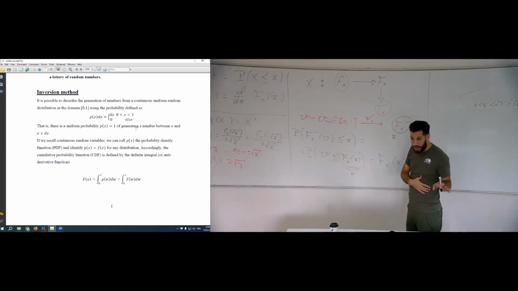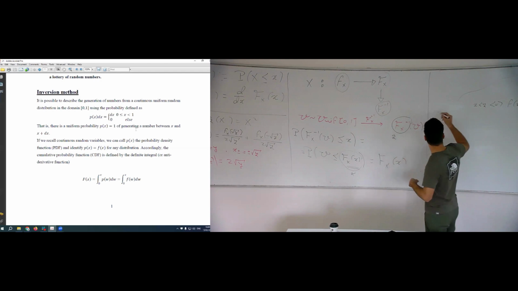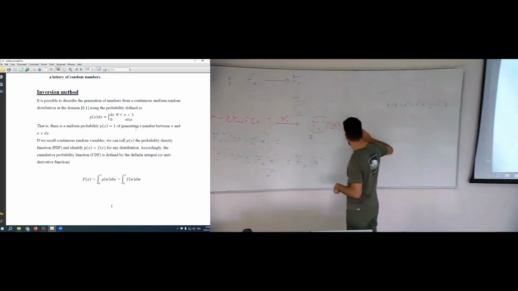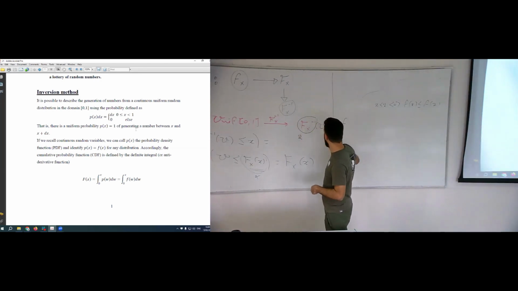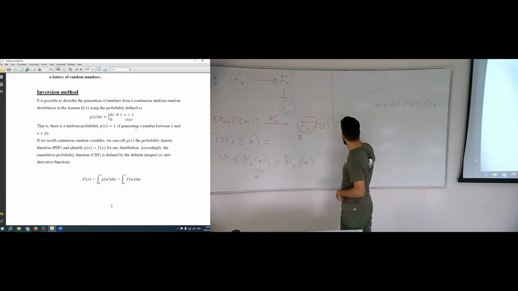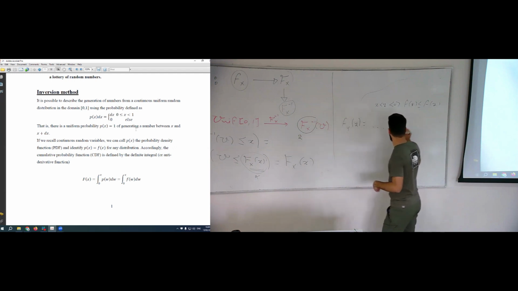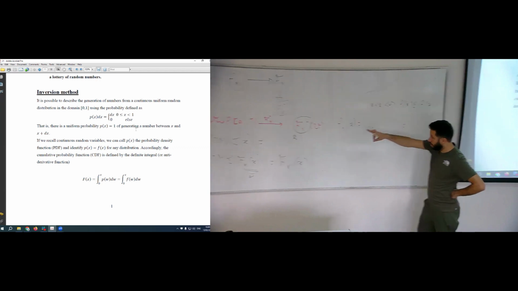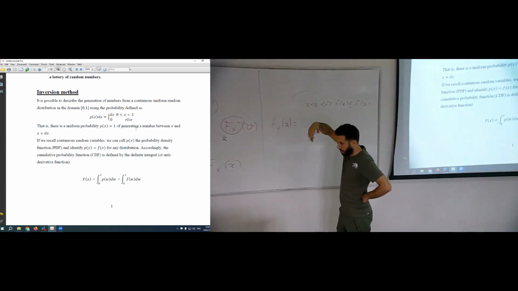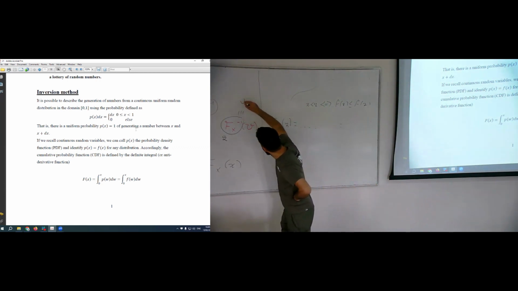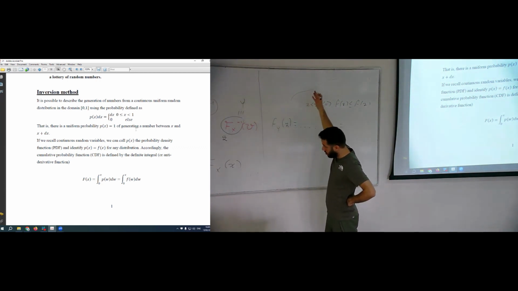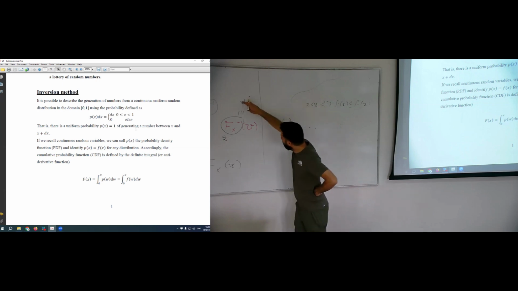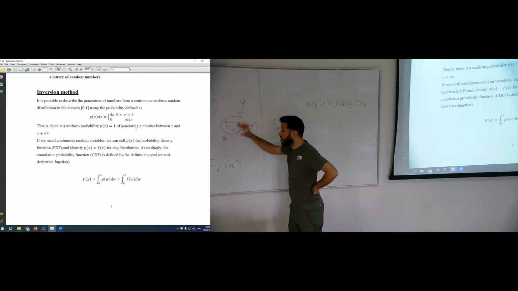And I want you to try to prove this, not in this way, but using the theorem. So I leave this for you. Call this thing Y, and use the theorem that we wrote before about Y being g of something, here g of u.